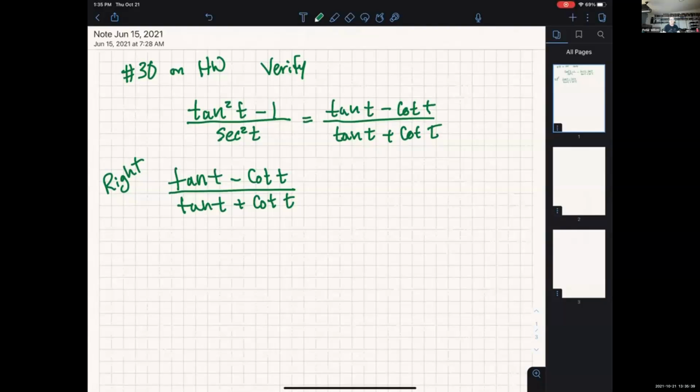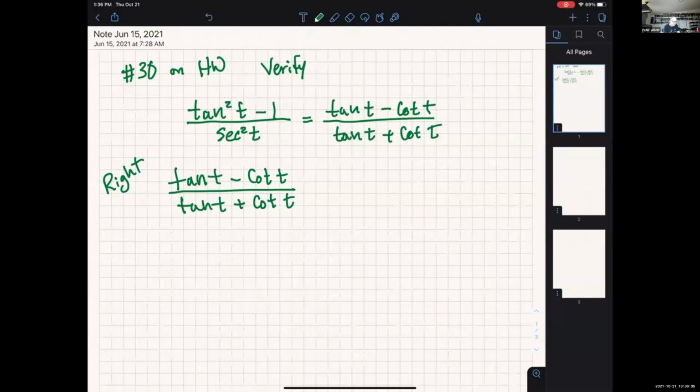We did that before with like 1 plus sine t. We could notice, for example, that cotangent t is just the flip of tan t. So maybe if we wrote it in terms of tan t, it'd be easier to simplify. So what you're going to face regularly with these problems is that there's a variety of options that you have to consider and that there may be some trial and error.